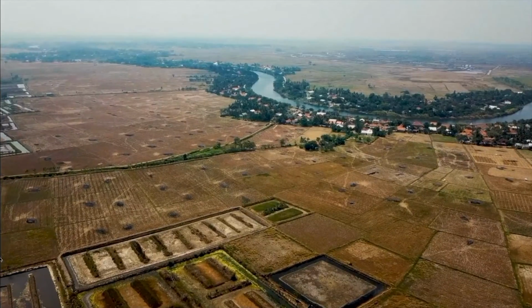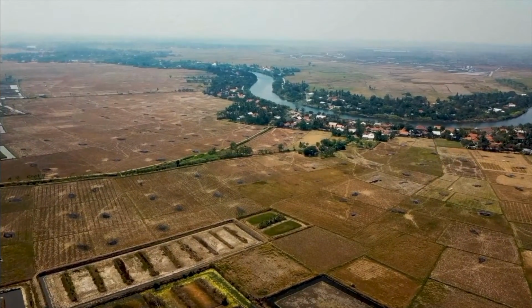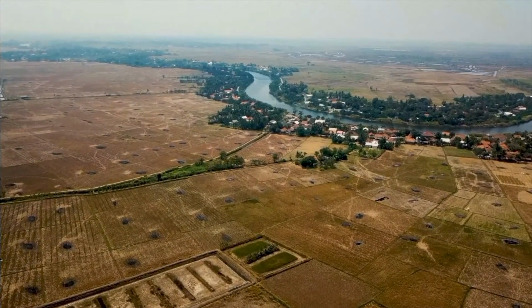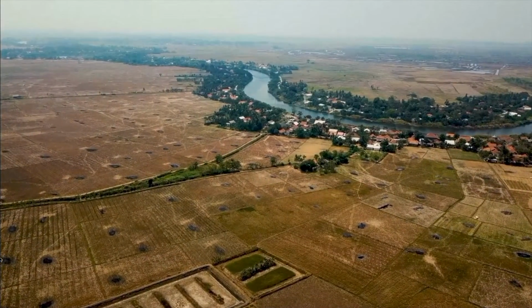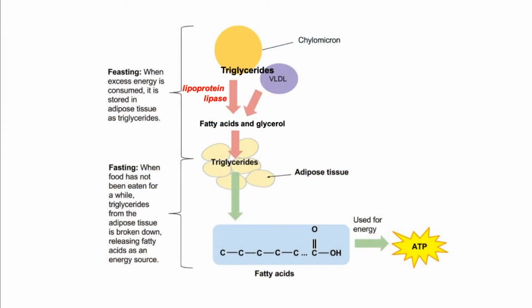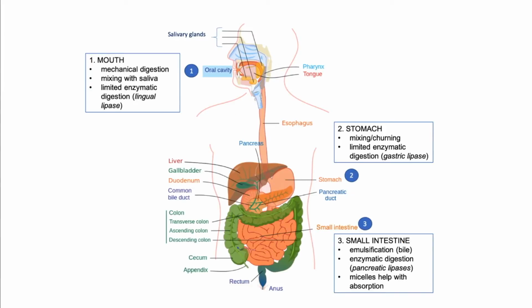Food sources of predominantly monounsaturated fats include nuts and seeds like almonds, pecans, cashews, and peanuts, plant oils like canola, olive, and peanut oils, and avocados.